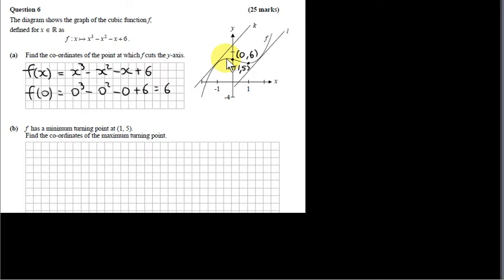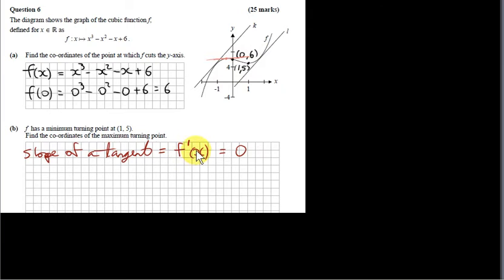At a maximum or a minimum turning point, the slope of the tangent is 0. The tangent is a horizontal line. But we know that the slope of a tangent is the derivative of the function with respect to x. And that derivative must equal 0 if the tangent is a horizontal line.